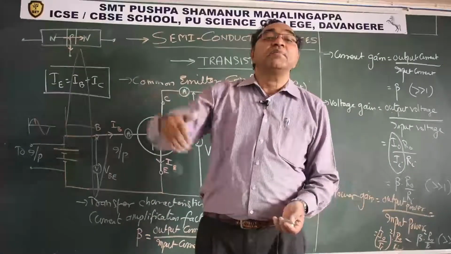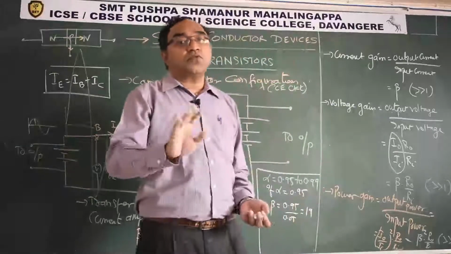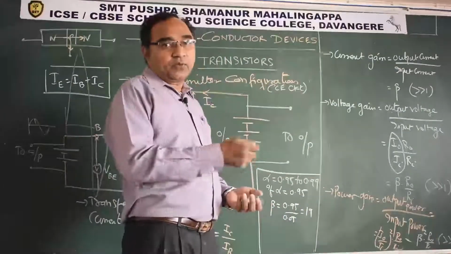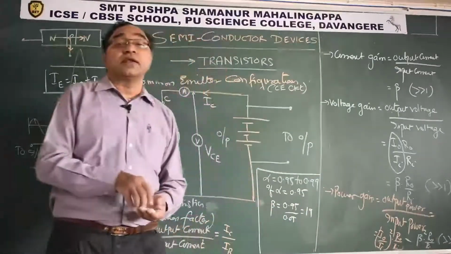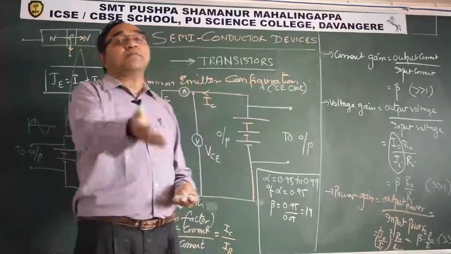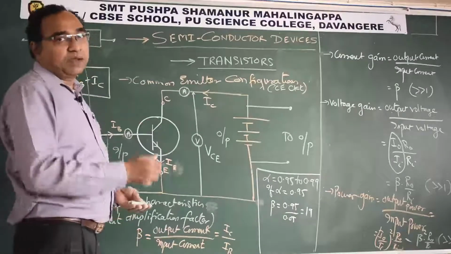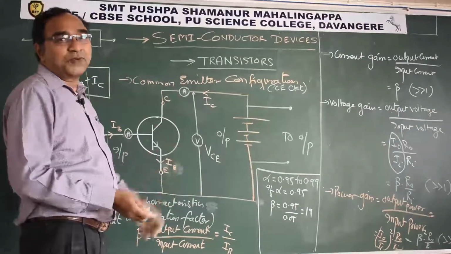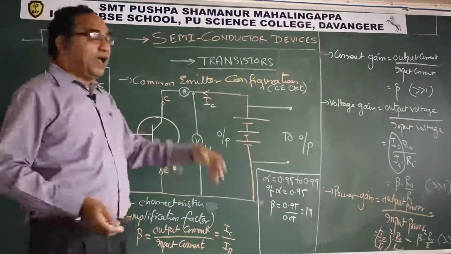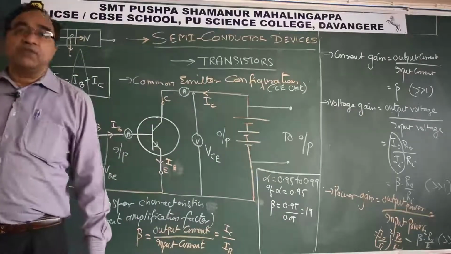Yes, we are supplying power. It is not happening on its own. We do have a power supply to it, and it is amplifying that power supply. You connect an input supply to it, and from that it is amplifying. This is what we have as the common emitter configuration.